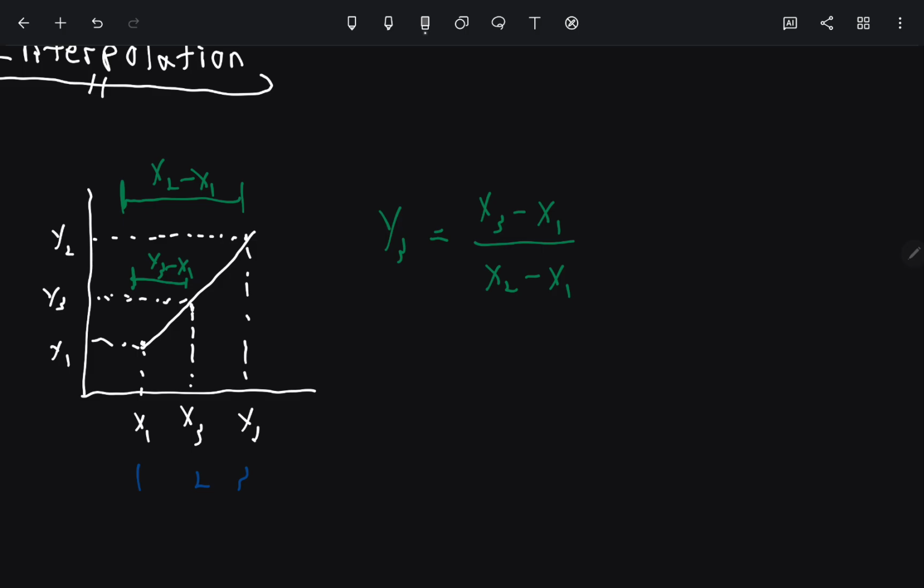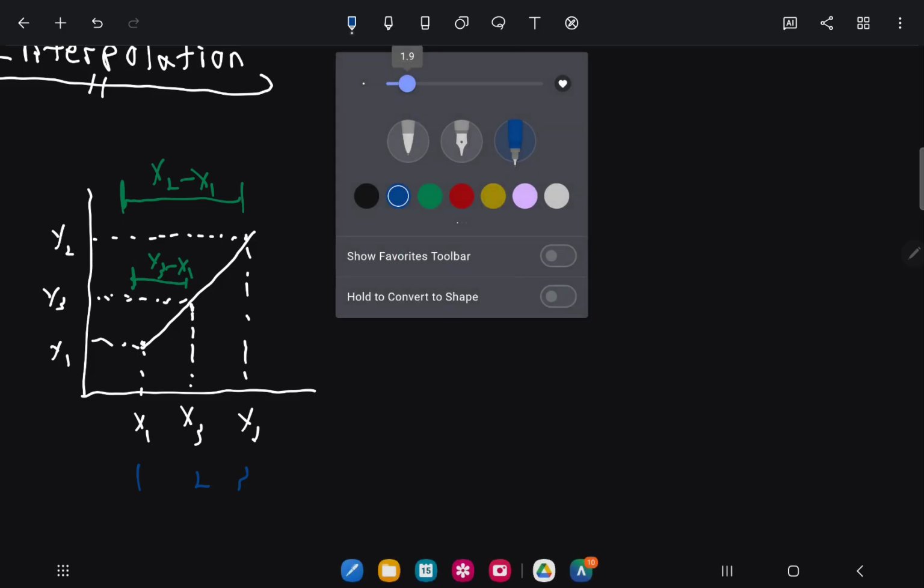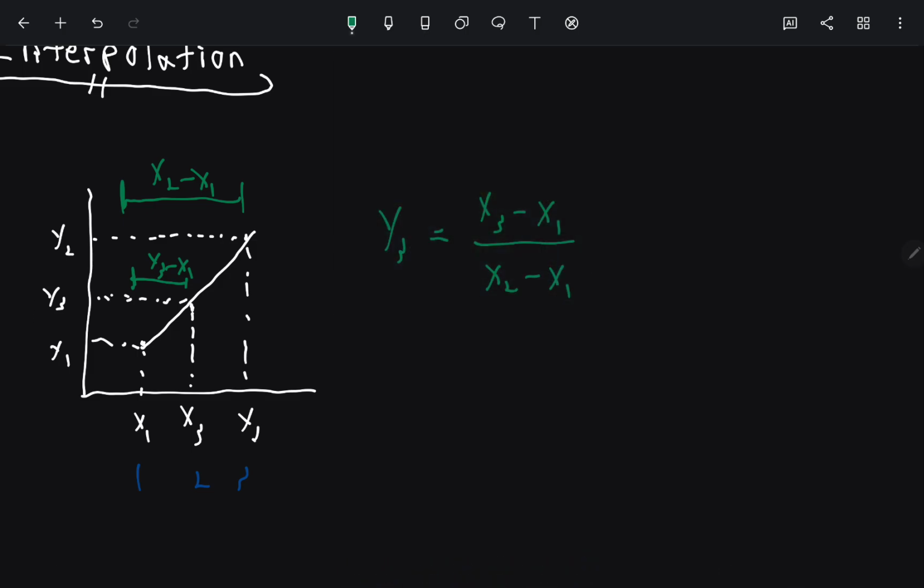Then we need to do the same thing for the y. We are going to look at how far along the y we are. We've already calculated the percent total, so now we just need how far along the y we are. If we have some percent along the x, then we multiply that by the total change in y, and that is the percent along the y, which is what we're solving for.